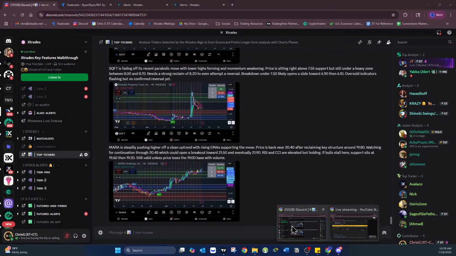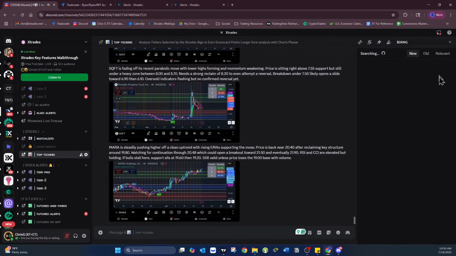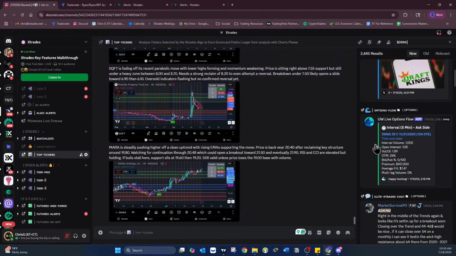About to rebalance my portfolio a little bit, yeah. I need to search DraftKings, guys. Whenever I'm interested in any specific stock, first of all, I always search the specific stock, see what else is out there, who's maybe talking about it or analyzing it. Looks like last week there was a swing unusual options flow, 150K worth of 55 calls for November 21st.